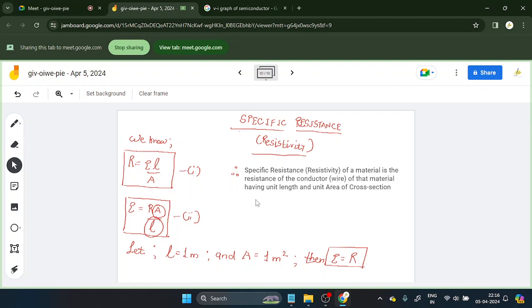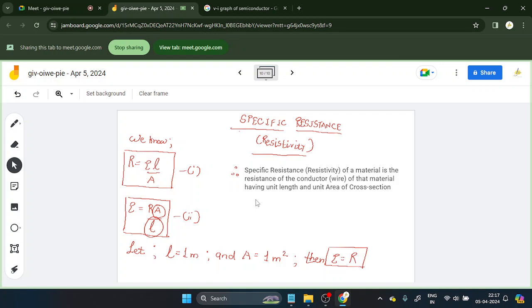If your material is a metal like silver, copper, aluminium, lead, tungsten, iron, tin, whatever, specific resistance is always going to be very low. Whereas for insulators, the resistivity is always going to be very high.